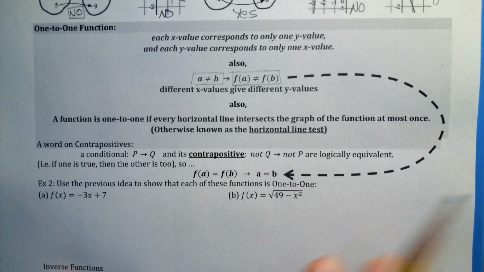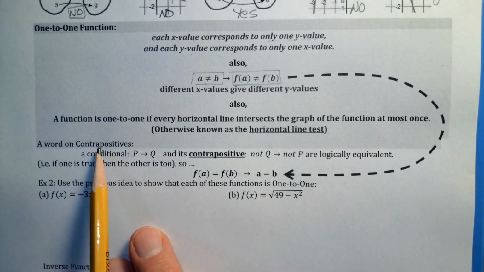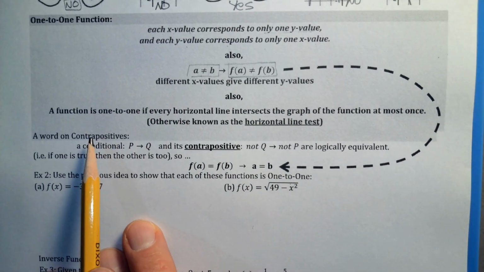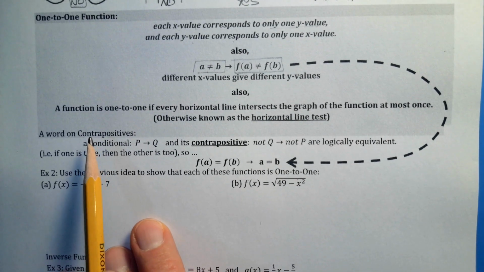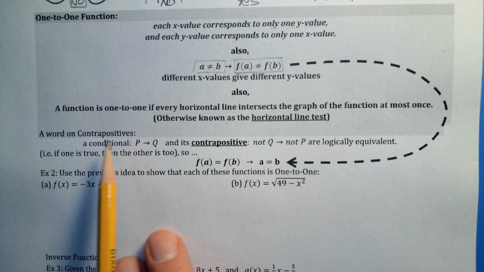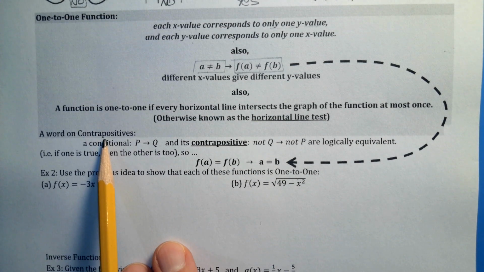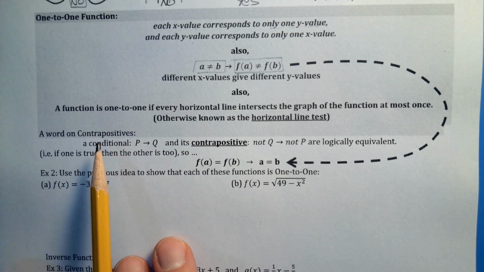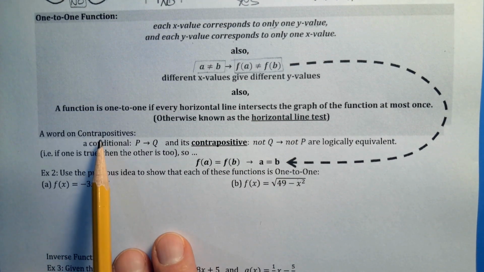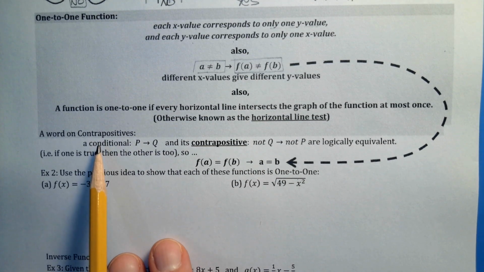All right, so a note on something called contrapositives. It used to be something that they talked about in geometry, but nowadays they don't really have this in geometry, which is a shame because we use this concept here, and we also use it in statistics sometimes, so it would be helpful if they would reintroduce contrapositives.